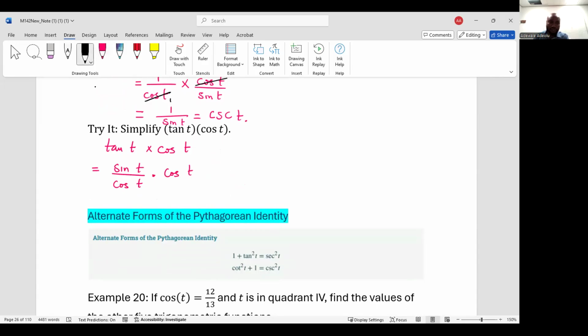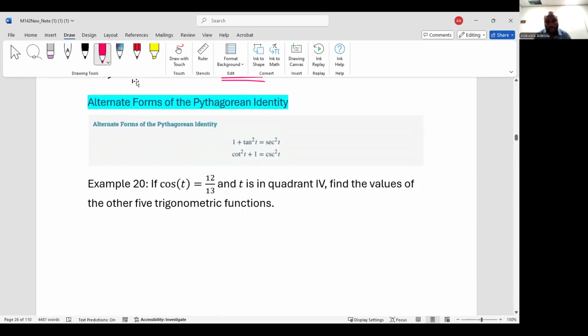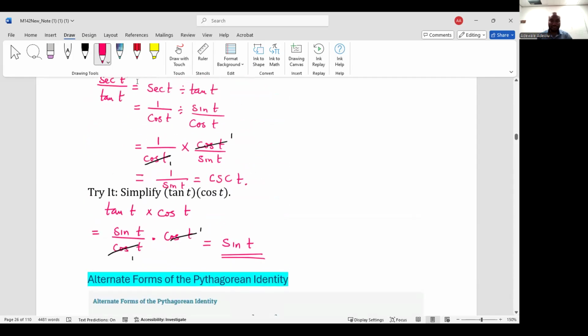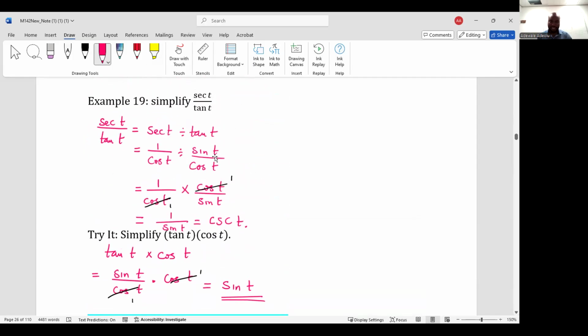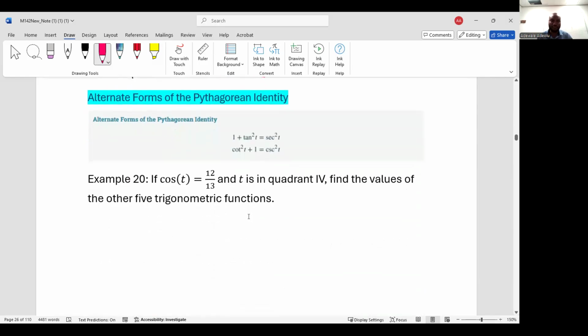So the cosines cancel, and my answer is sine of angle t. Answer. We will still revisit something like this in our classes to come, but for now, let us just leave it there.